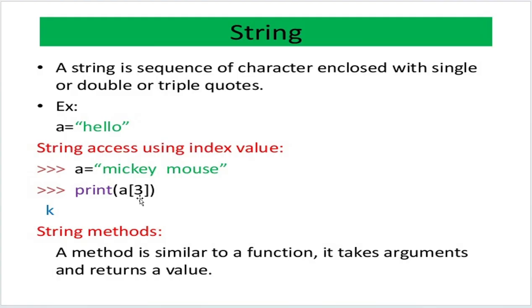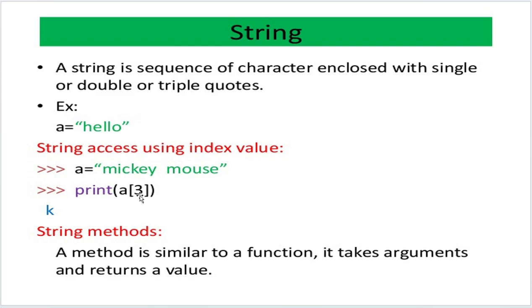So A of 3 means you access the string A and you get the character present at the third index. Usually, as we all know, the index number starts from 0 onwards. So the index number for M is 0, I is 1, C is 2, and the index number of K is 3.